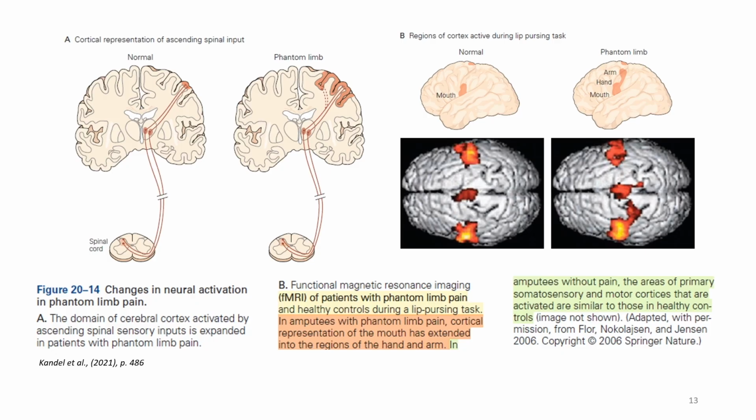In those amputees who do not experience pain, the areas of the primary somatosensory and motor cortices that are activated are similar to those present in people who still have intact limbs. So this is a particular case of pain occurring in a very fascinating manner.